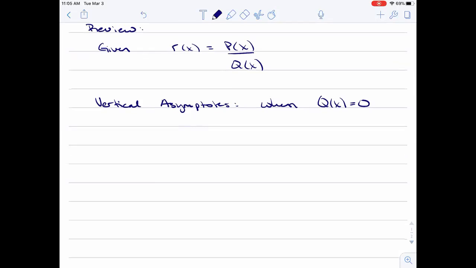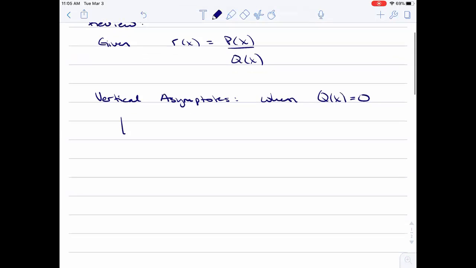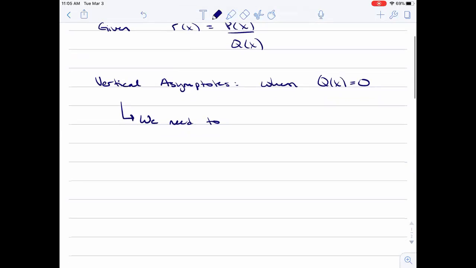So then, from here, we need to figure out the behavior of r of x, right? So the behavior of the whole function as we approach these vertical asymptotes, right? Because we could have situations like this, right, where it shoots up to positive infinity, negative infinity, or they could both go to positive infinity, right?